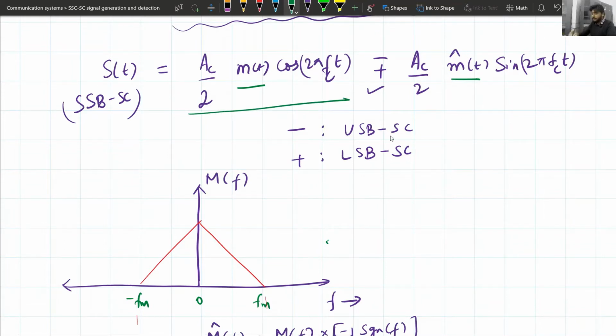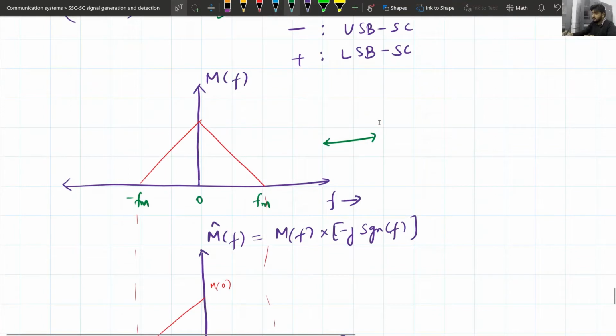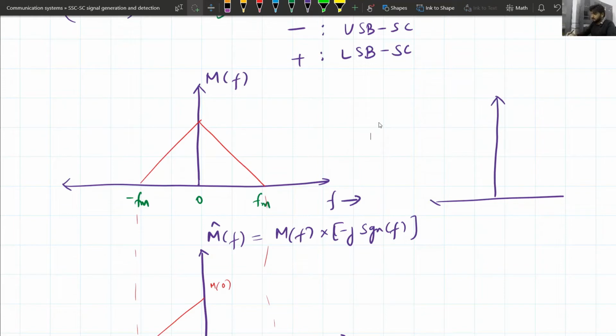So this component, the cosine component of the SSB-SC in terms of frequency domain can be represented as, yes.